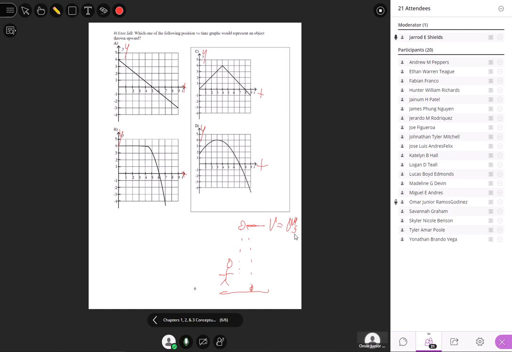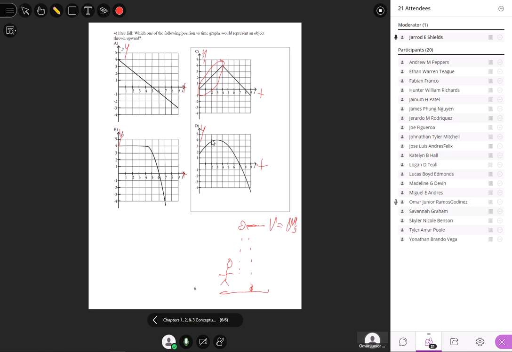Decreasing. Very good. So would this show me a decreasing displacement? No, that shows a constant displacement, doesn't it? Does everyone see why? So which one would it be? D. It'd have to be D.